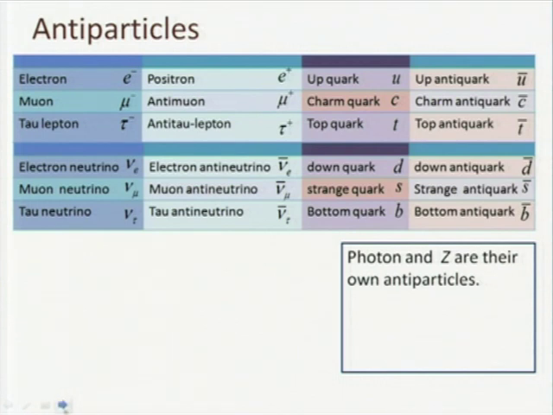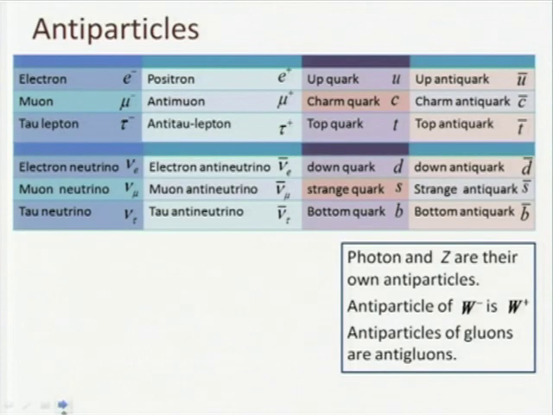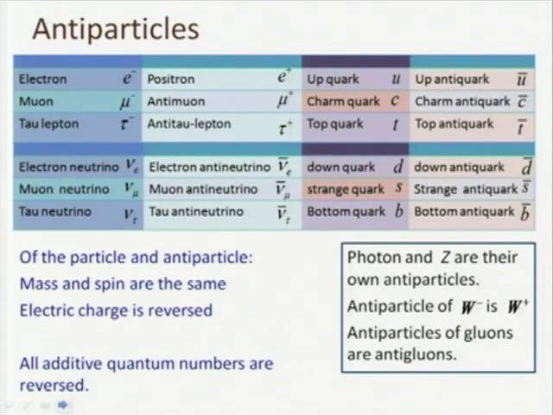All these are consistent interpretations, a consistent picture that you can work out quantum mechanically. Then W minus and W plus can be thought of as antiparticles of each other. Gluons have antiparticles called anti-gluons. There are differences between particle and antiparticle.